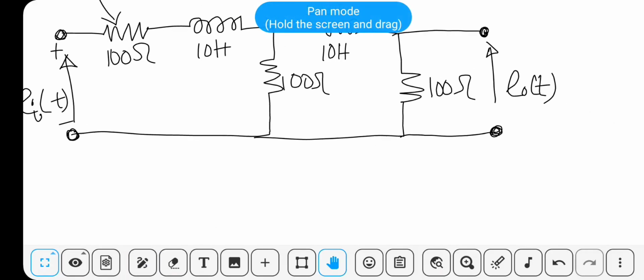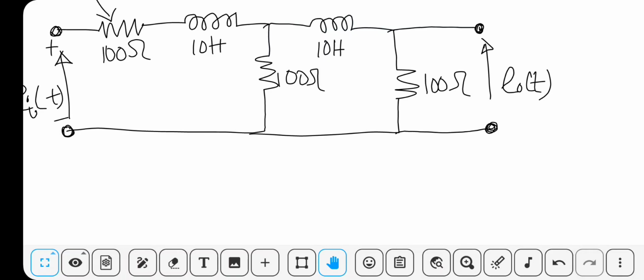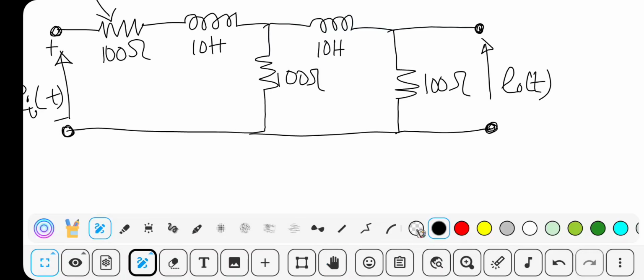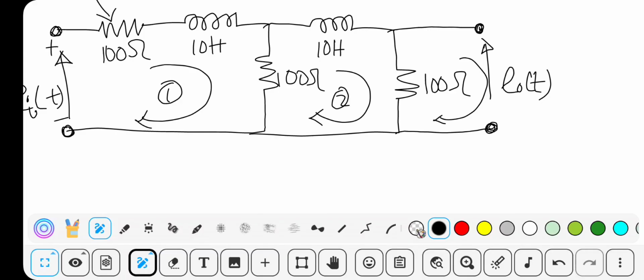So now, using my method, mesh 1, mesh 2, and mesh 3.